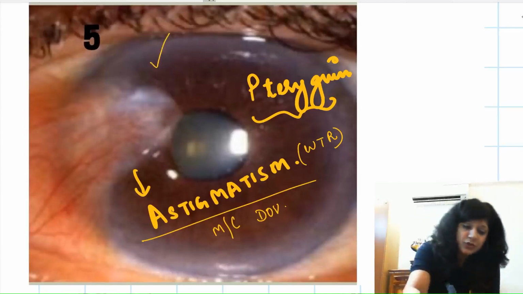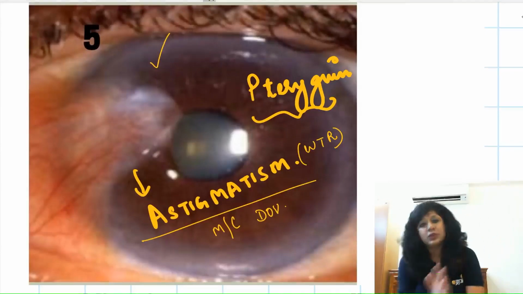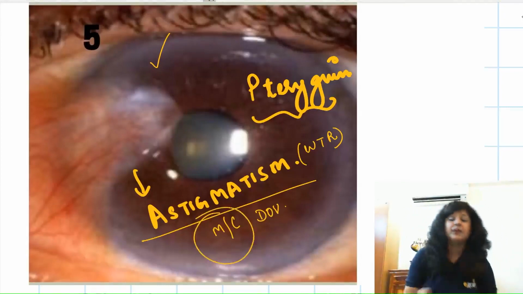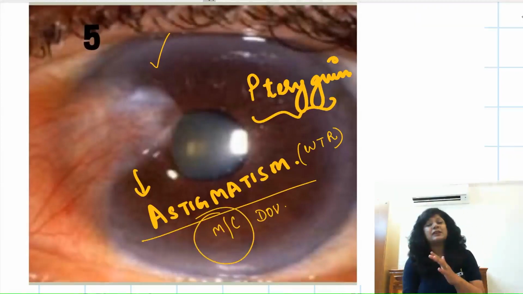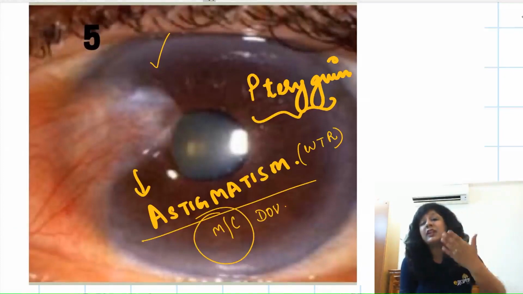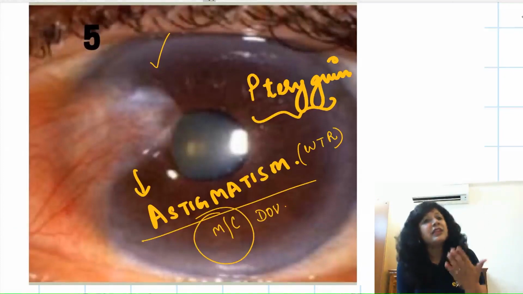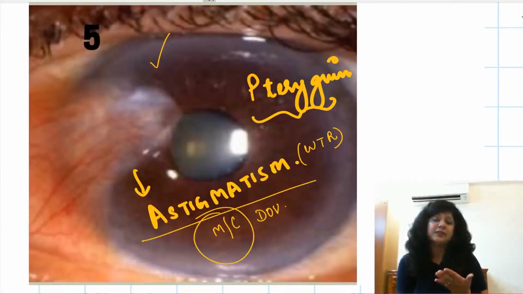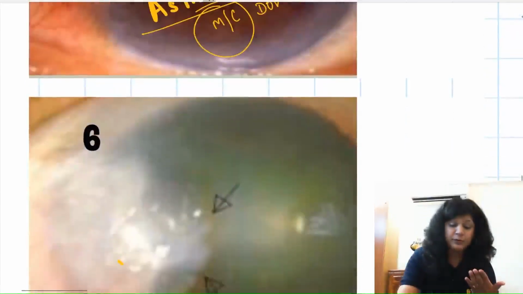The same picture was given here where there was no obscuration of visual axis, but suppose they give the obscuration of visual axis also, but then too, if they ask you the most common, the answer will be astigmatism, because every pterygium will press the cornea and cause the uneven surface and will cause the astigmatism, but every pterygium will not cause the obstruction of the visual axis. So this is again a very important point.